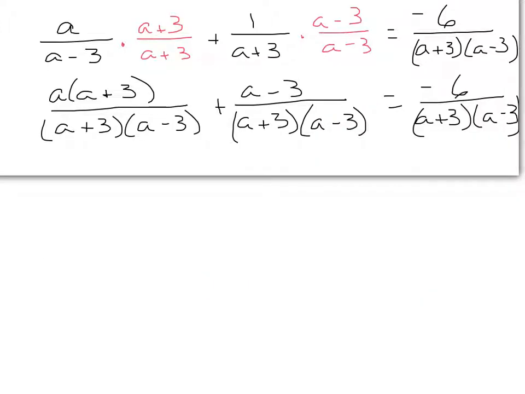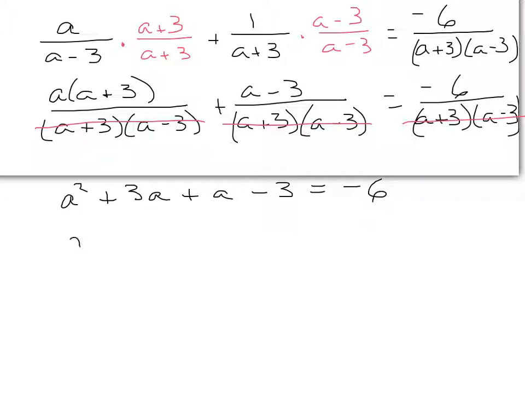Now, since the denominators are all the same, we don't need to worry about them anymore, except to remember that we can't have 3 or negative 3 in the denominator. So essentially, if we multiplied both sides of the equation by a plus 3, a minus 3, the denominators would cancel out, and we have left a squared plus 3a plus a minus 3 equals minus 6.